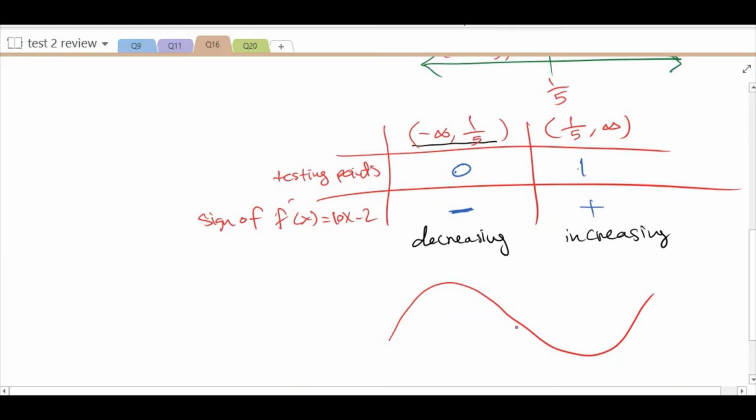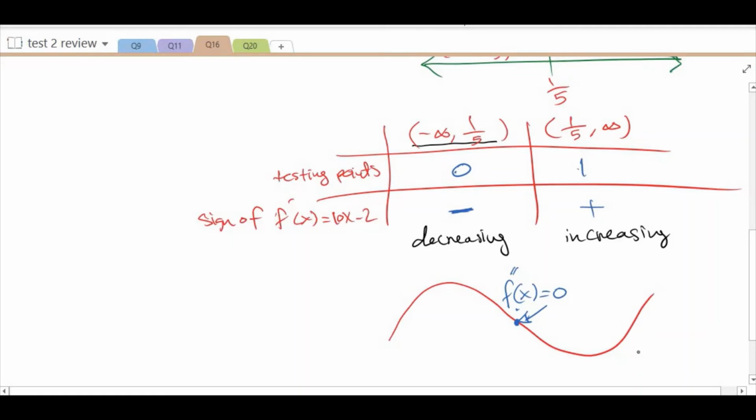The inflection point is the point where the graph changes behavior from concave downwards to concave upwards in this case. So let's say this is the inflection point. At this point, the second derivative of the function is going to be equal to 0.